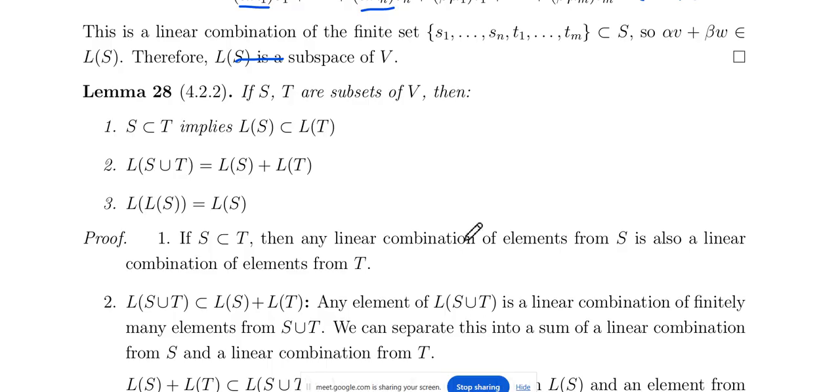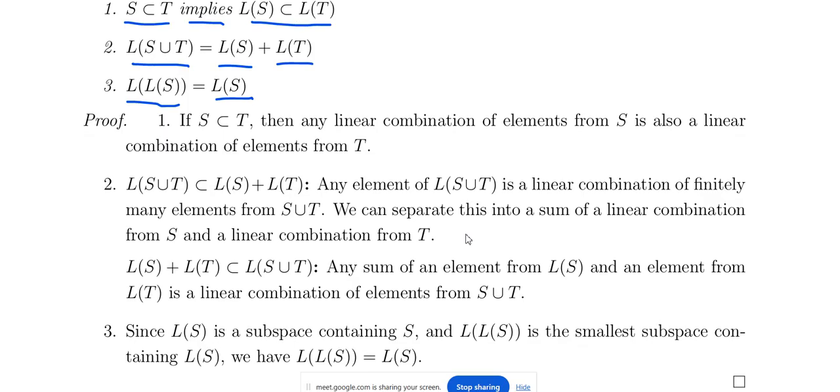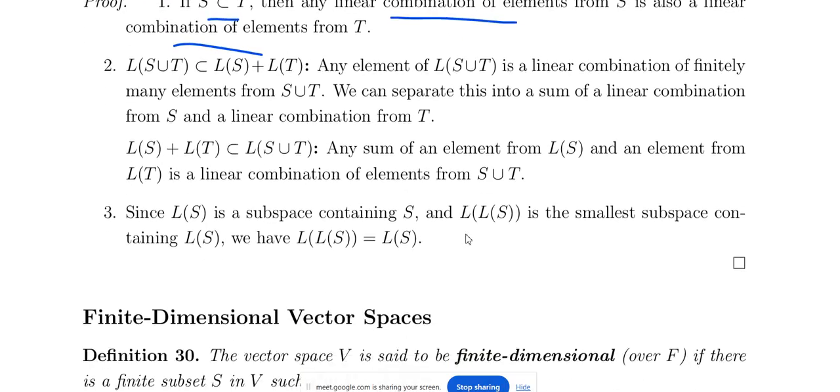Suppose S and T are subsets of V. If S is a subset of T, then L of S is a subset of L of T. Similarly, L of S union T equals L of S plus L of T. These are very simple proofs. Knowing the proofs is very good and very helpful for remembering. If S is a subset of T, then any linear combination of the elements of S is also a linear combination of the elements of T. These are very simple ideas.